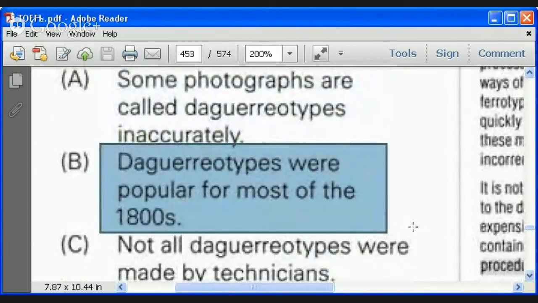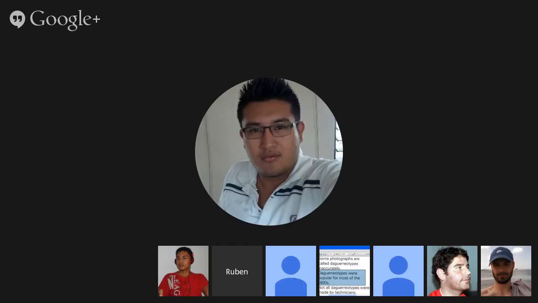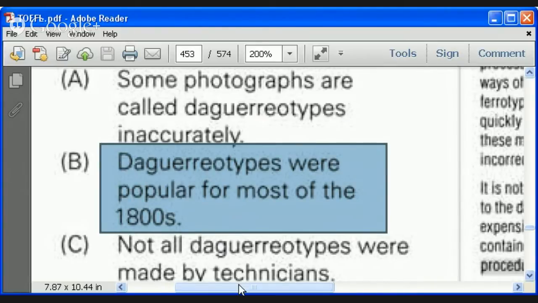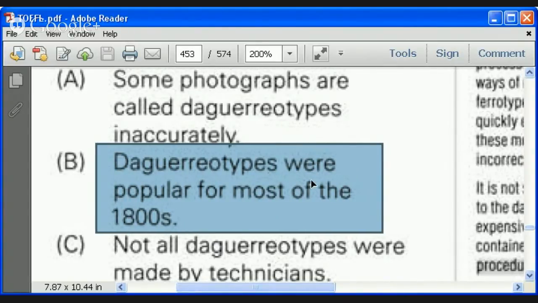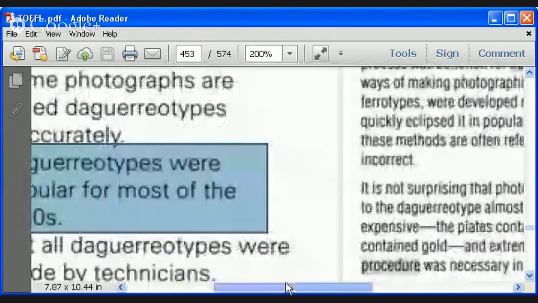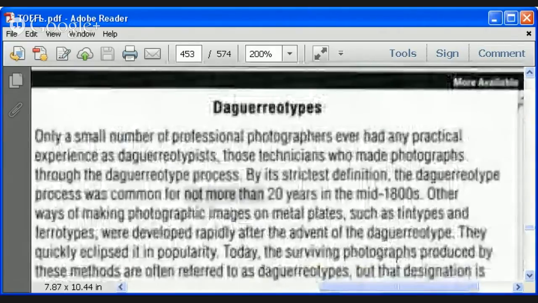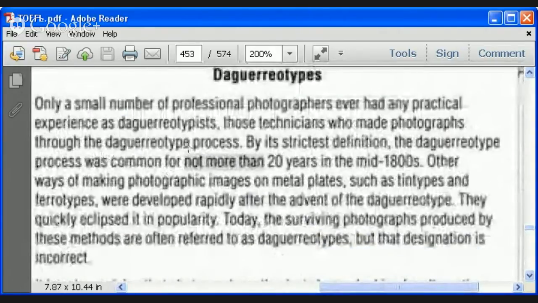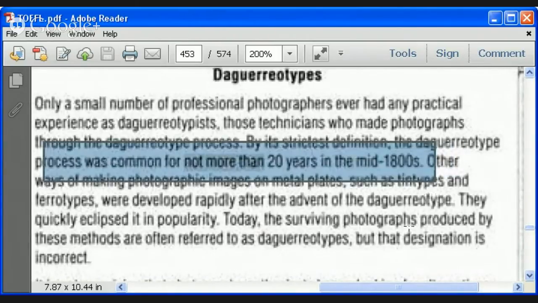Daguerreotypes were popular for most of the 1800s. What do you think of this answer? Could be. Okay. Now, as I look at these answers, most likely I'm going to pop back and forth. Were popular for most of the 1800s. I can look for the keywords 1800s. This process was common for not more than 20 years in the mid 1800s.